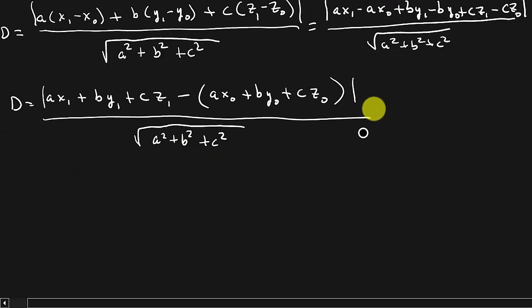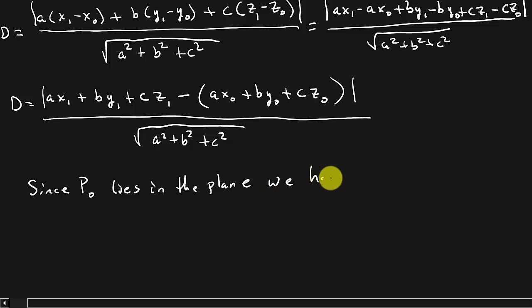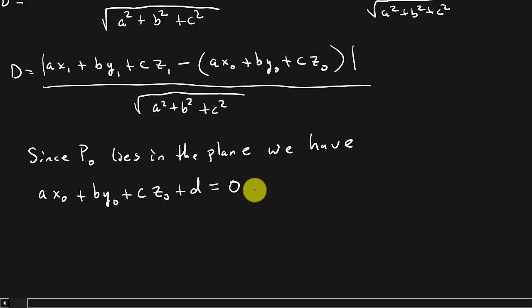All right, now, since P0 lies in the plane, we can write ax0 plus by0 plus cz0 plus d equals 0. And we can see here that d is equal to negative ax0 plus by0 plus cz0.